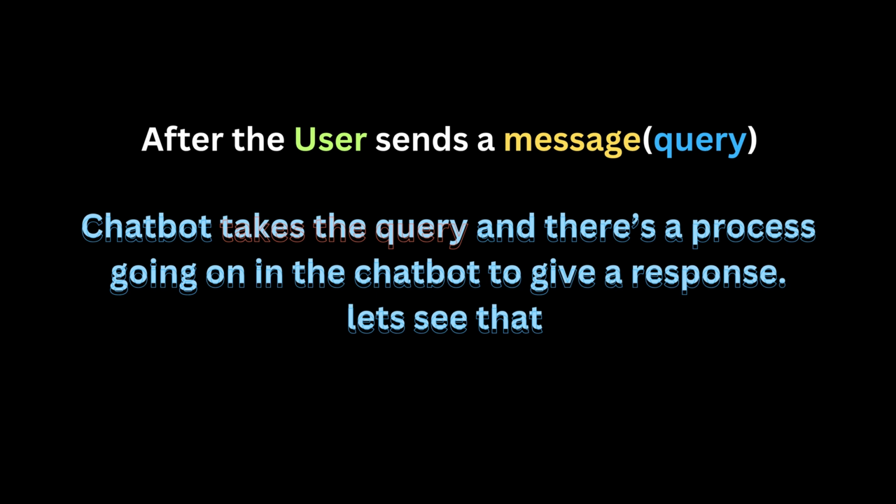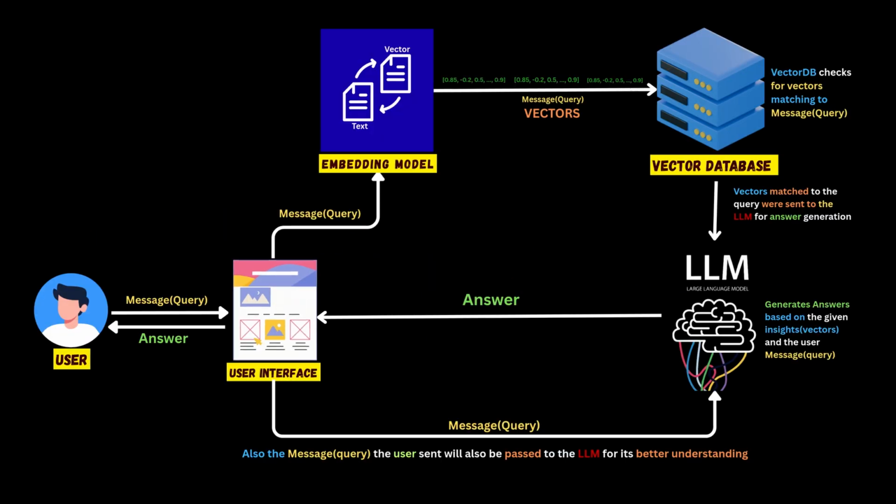As soon as the user sends a query, the chatbot takes that query and triggers an internal process that works behind the scenes to generate a meaningful response. Let's take a closer look at what this process looks like step by step. This is the overall flow of the chatbot we designed for our college website, and that's how it works at a high level. Now, let's take a deeper look into each step so we can better understand how it all comes together.